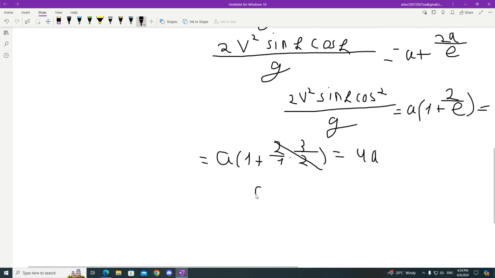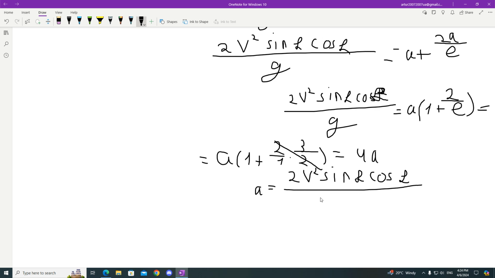So we found that A is equal to 2V squared sine alpha cosine alpha over 4g. And that's it. It's our expression.